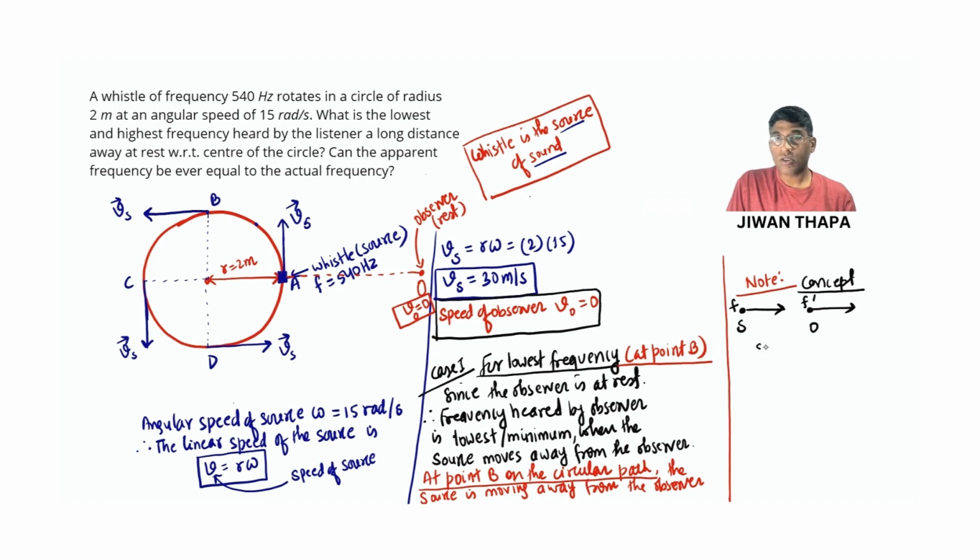And we know sound is directed from source to observer. So this is the direction of sound, and V is the speed of sound, and sound always directs from source to observer. So we need to note that. The speed of source is Vs, and the speed of observer is V naught, and the direction from source to observer is taken as positive direction.